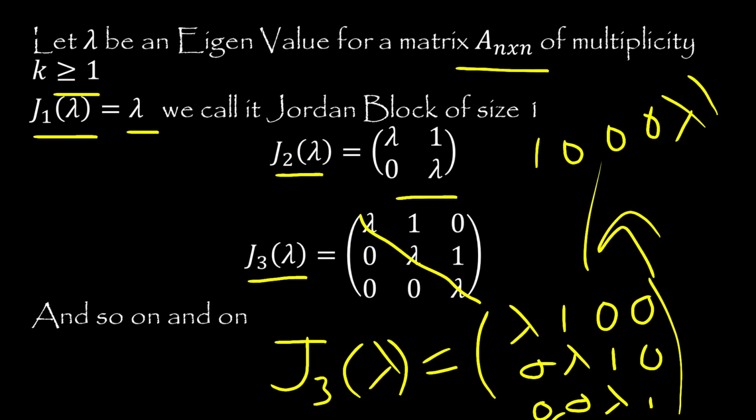So something like that. That is the Jordan block of size 4, and so on. This is very key to note. That's how we write Jordan blocks.